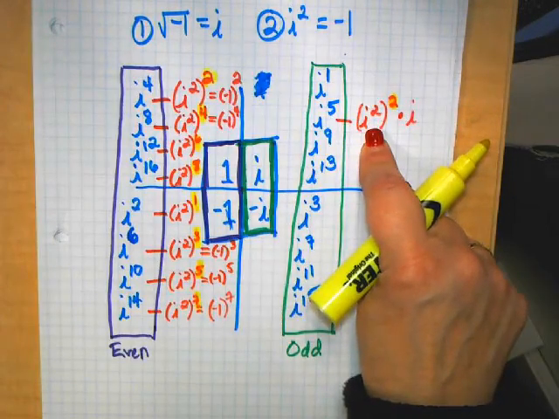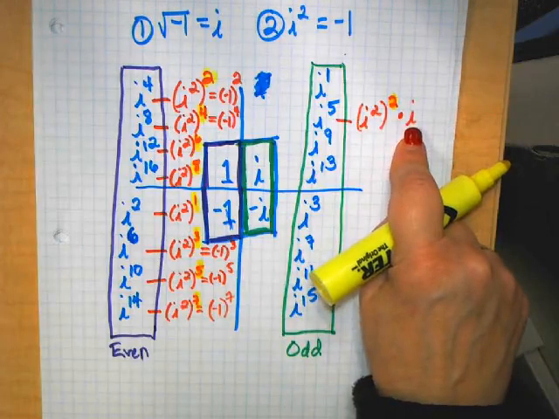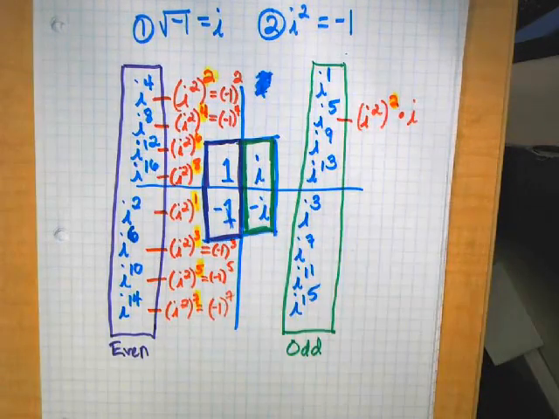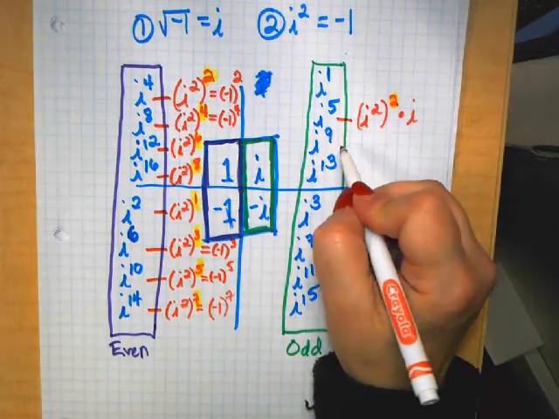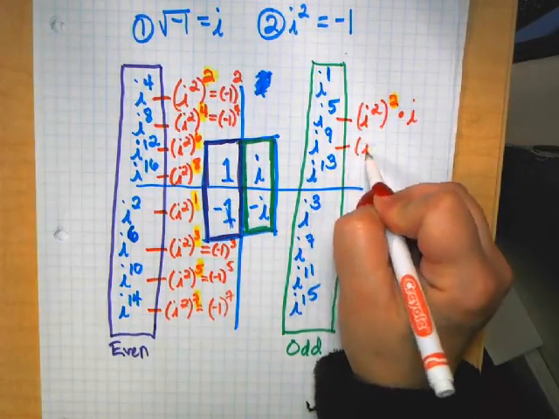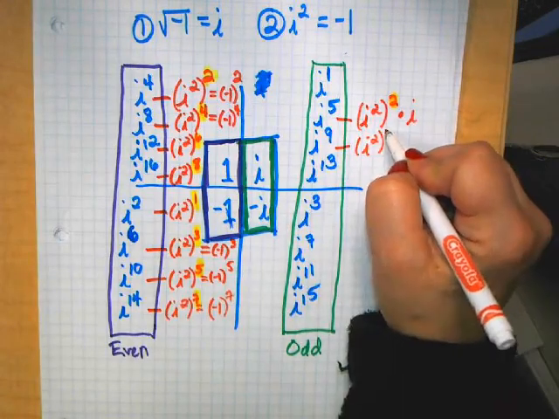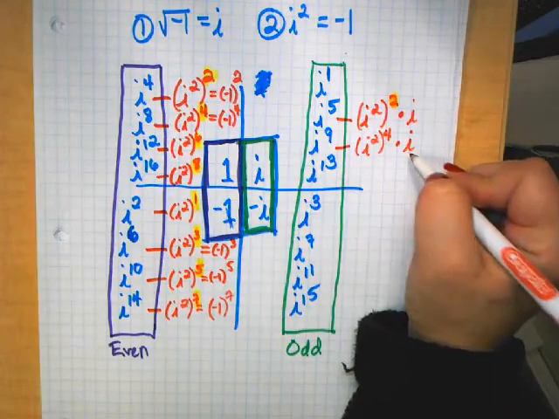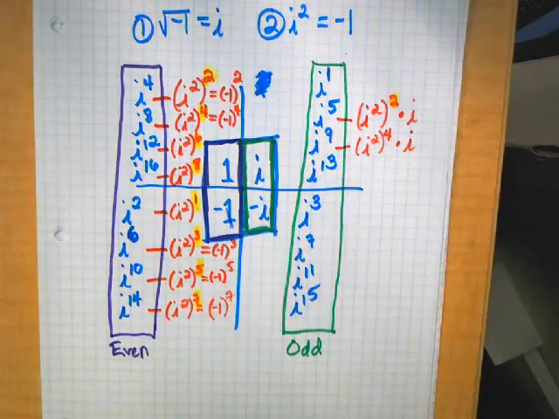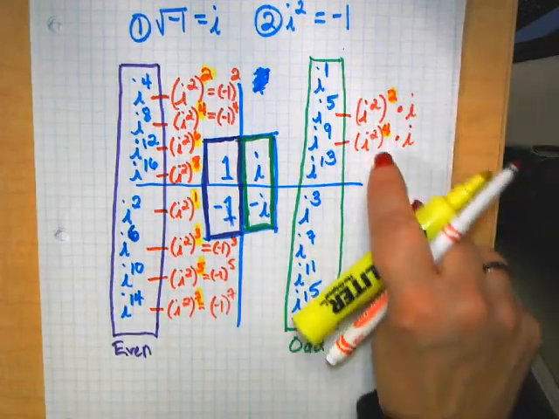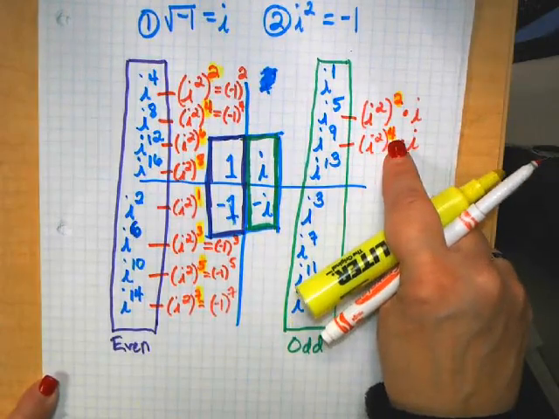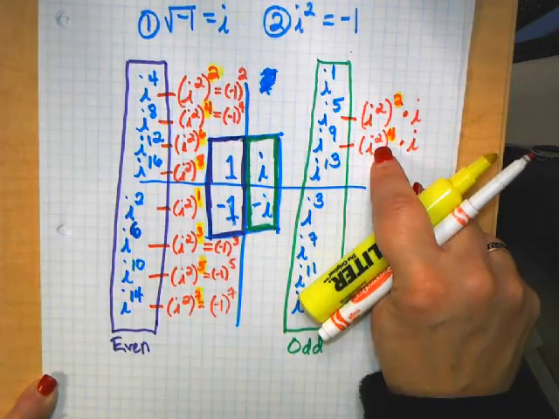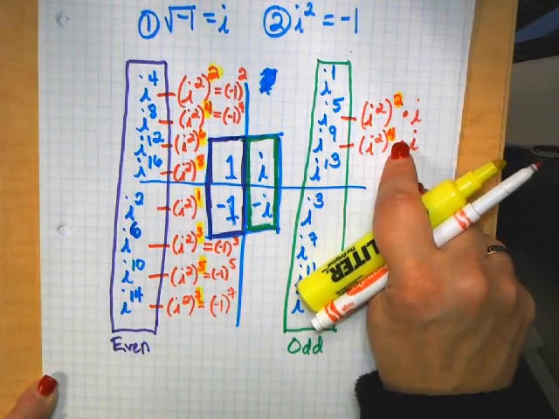Positive 1 times i gives us a positive i. i to the 9th has 4 pairs of i's with an extra. It's like a remainder. If you raise negative 1 to the 4th, altogether this is 8 i's. If you raise negative 1 to the 4th, you get 1. 1 times i equals positive i.